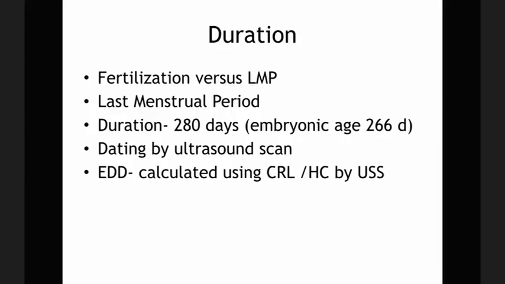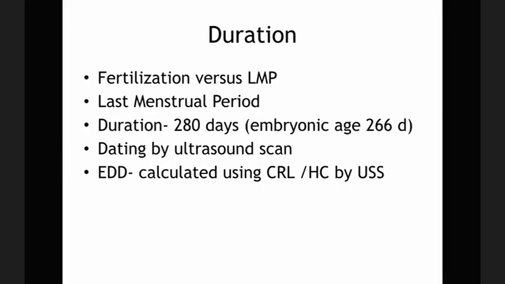Okay, so normally you should know that when the fertilization occurs, we conventionally calculate the expected date of delivery from the first day of the last menstrual period. So that is very important.